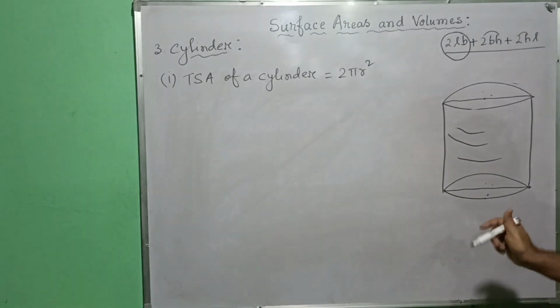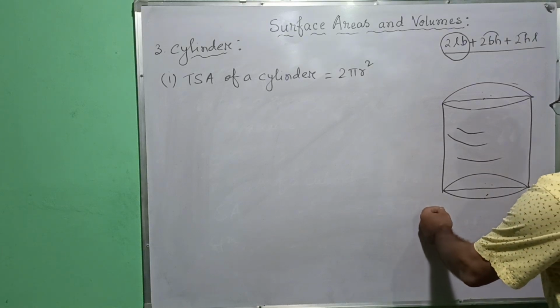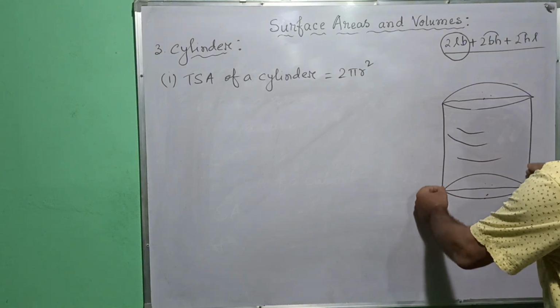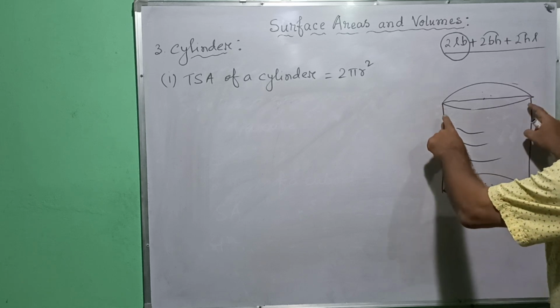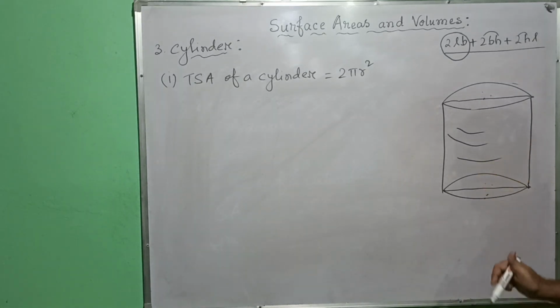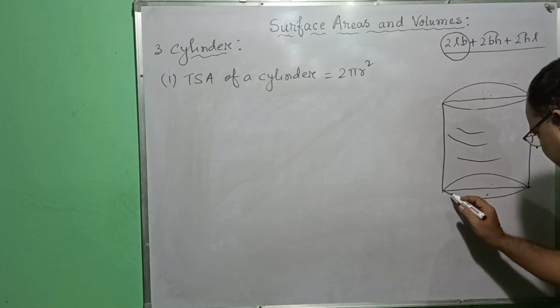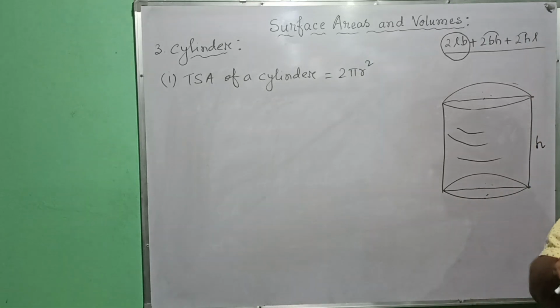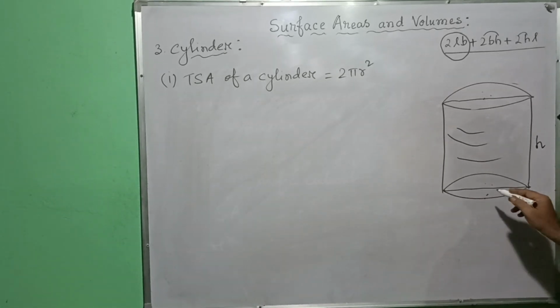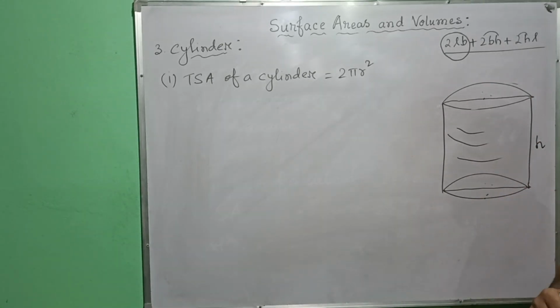If we make a ring like a circle and hold it, take it upside up to this, then this ring will touch all of the curved surface, and that gives us the curved surface area. So if we consider h, the height, and the circumference, what is the formula of circumference? It is 2 pi r. So we just multiply 2 pi r with h to get the curved surface area.